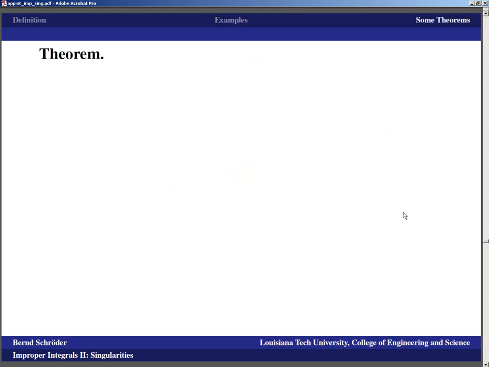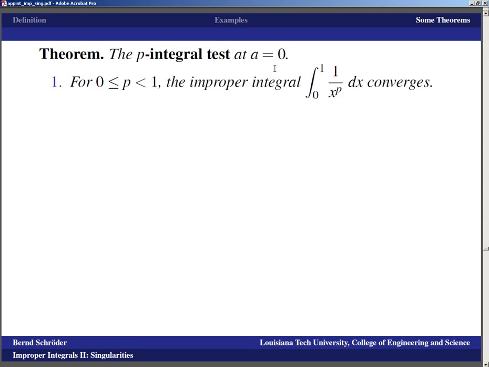Okay, now some theorems real quick, and I think it's a lot of graphics. The p integral test at a equals 0. Basically, you can compute these things, right? We already did that: for p between 0 and 1, the improper integral from 0 to 1 of 1 over x to the p dx converges. You could compute that.